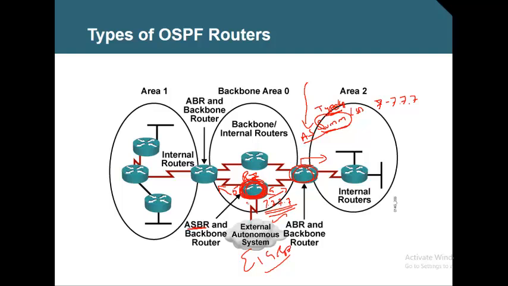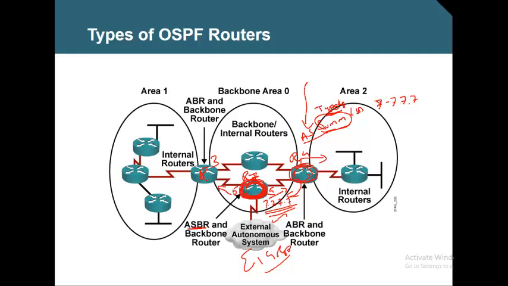Only that information is shared to every router, but it originates from the ABR which has got ASBR in it. So it is originating from R3 and from R4, informing area 1 and area 2 about 7.7.7.7 as ASBR.